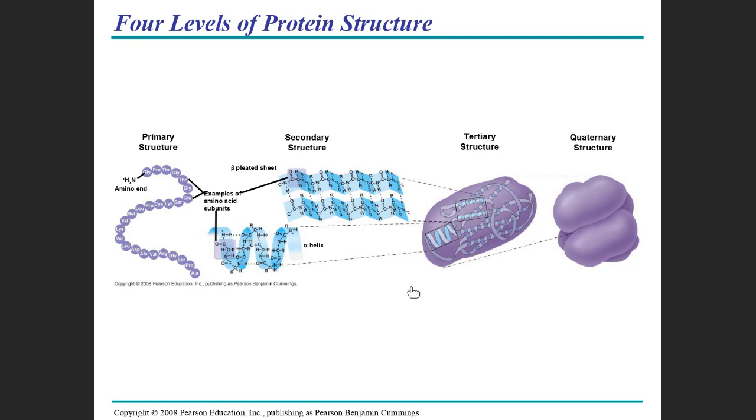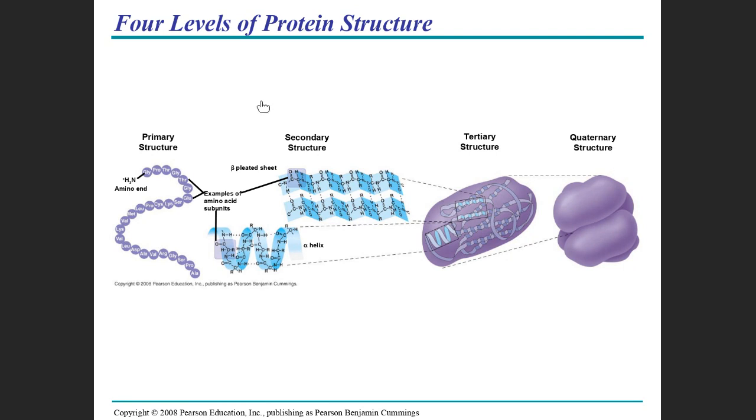When everything folds on itself to form a 3-dimensional globular structure, we call that the tertiary structure. And for many proteins, that's it. They're done. They're finished. They're functional. But there are some other proteins that require more than one subunit to associate. If that's the case, we call that the quaternary level of protein structure.